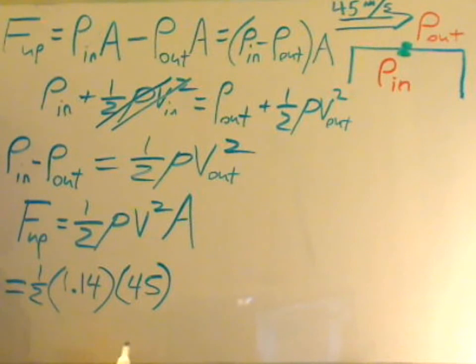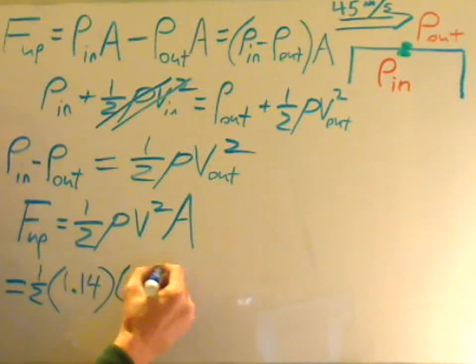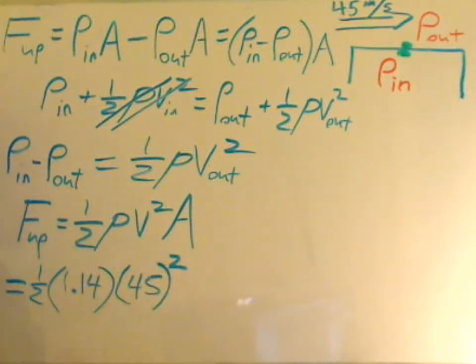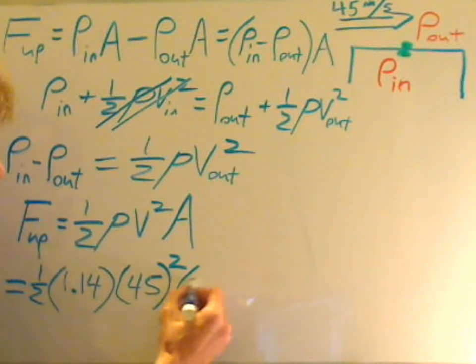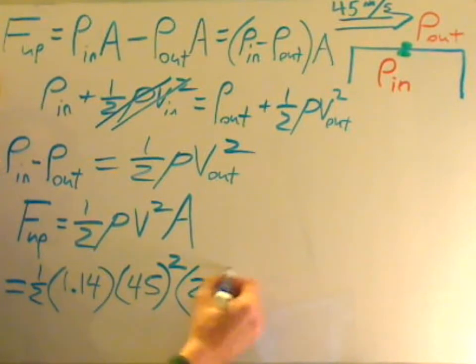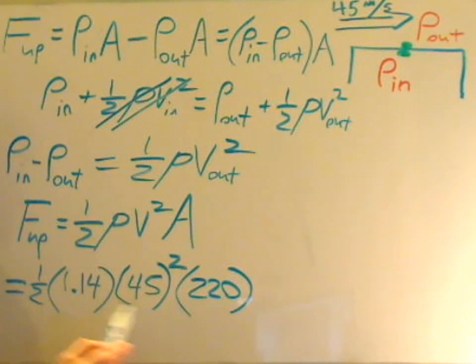That's fine, as long as we make sure we have all our units straight. This is kilograms per cubic meter, meters per second, and this has to be squared, remember, times the area of the roof, which we're told is 220 square meters, so that's also in the correct units. So we do this multiplication, and what you get is a pretty big number.